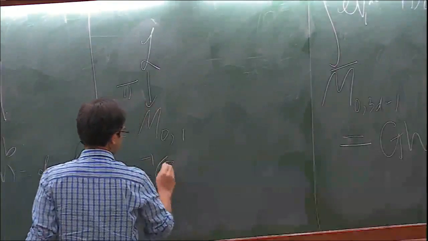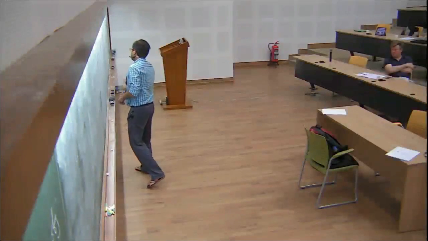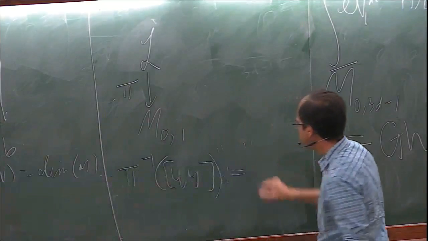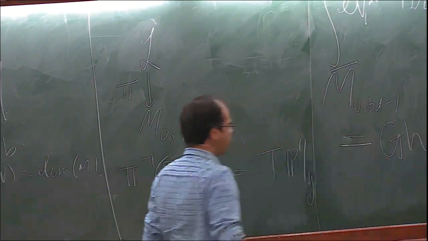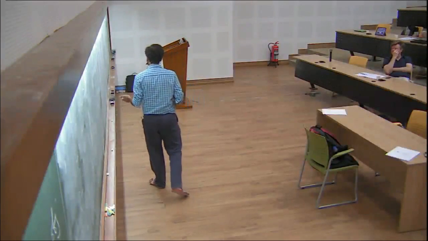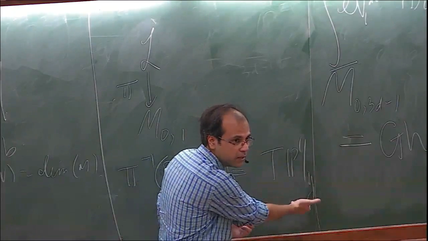An element is a curve and a marked point. The fiber at each point is, within quotation marks, the tangent space at the given point. This doesn't completely make sense as I'm saying it, because everything is modulo automorphism. What do you mean at the marked point? There is no such thing as a marked point.